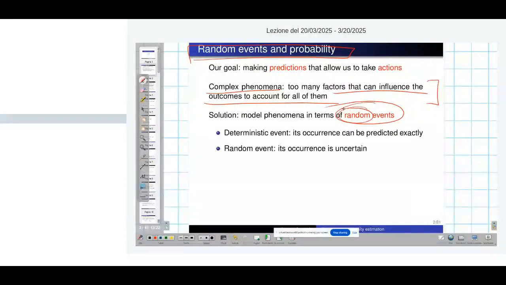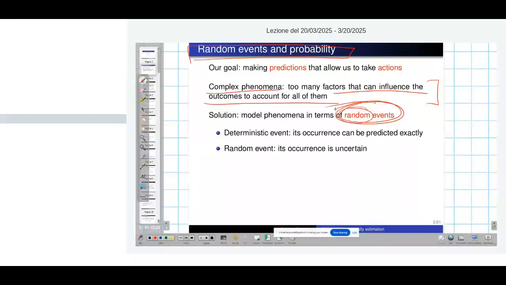For example, what is the weather like tomorrow? Well, if we had a perfect model of the universe, maybe we could predict precisely what happens for all the points in the future of the universe. We don't have such a model because it's too complex. So we know that there are many phenomena that will influence the weather of tomorrow.